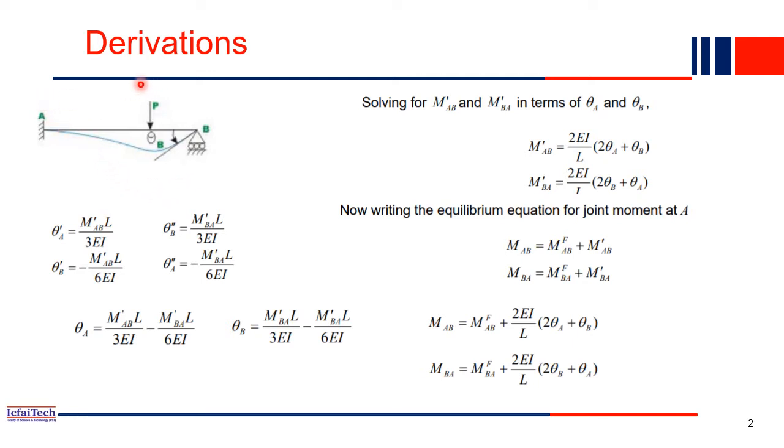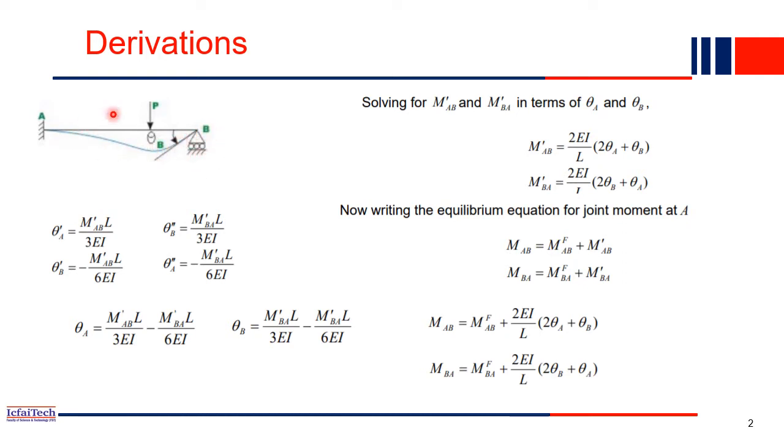So as I was mentioning, this method is useful when the structure is indeterminate. So let's say this is an indeterminate structure, right? This is a propped cantilever, which one end is fixed, another end is roller, and the concentrated load P is acting. Because of this concentrated load, the beam will undergo deflection. So this is the deflected shape of the beam.